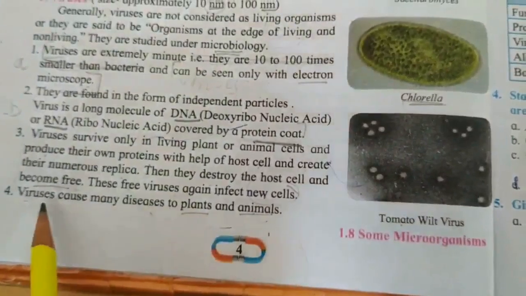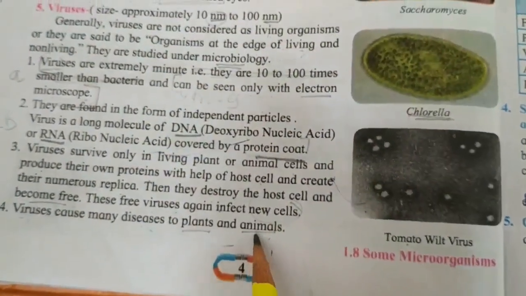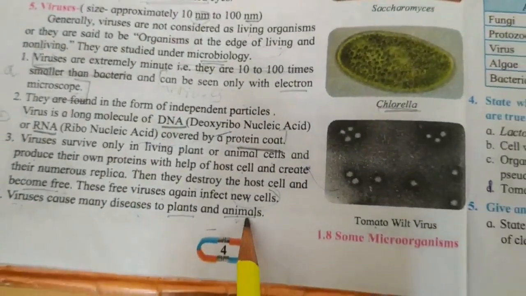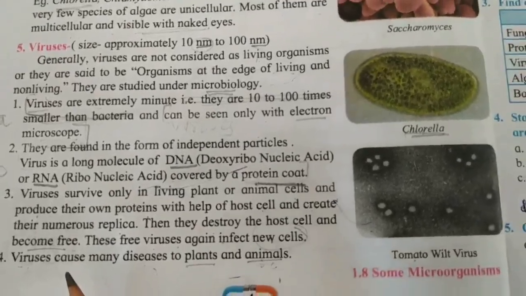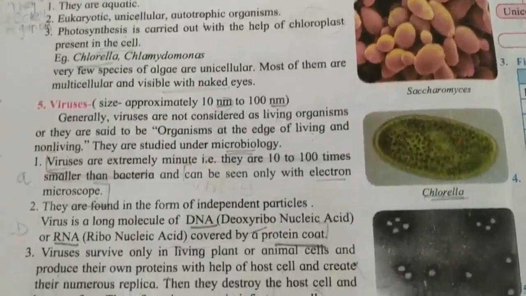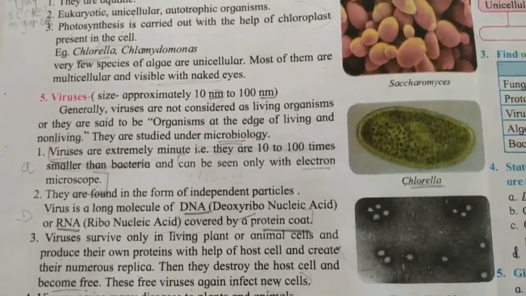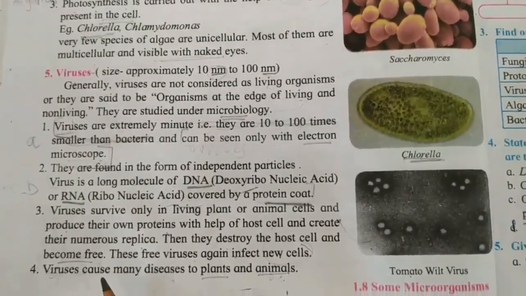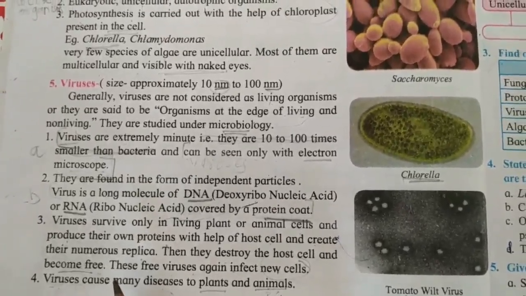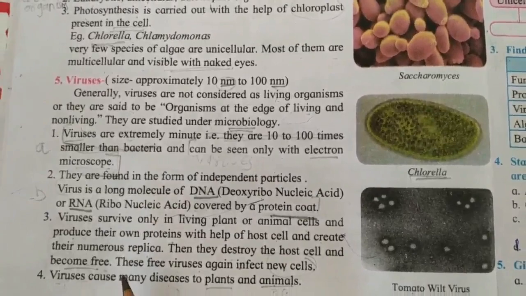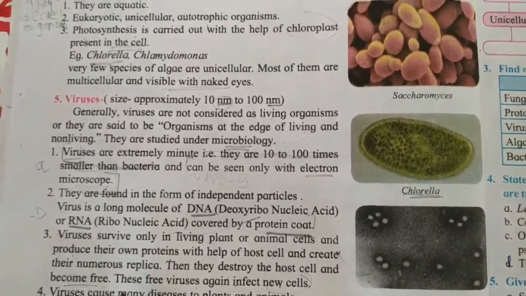These are the viruses which cause diseases in animals. So with this, children, we have studied the classification of living organisms as well as the classification of microorganisms. Now, to understand this lesson in a better way, do read the lesson so that you will understand it very well.